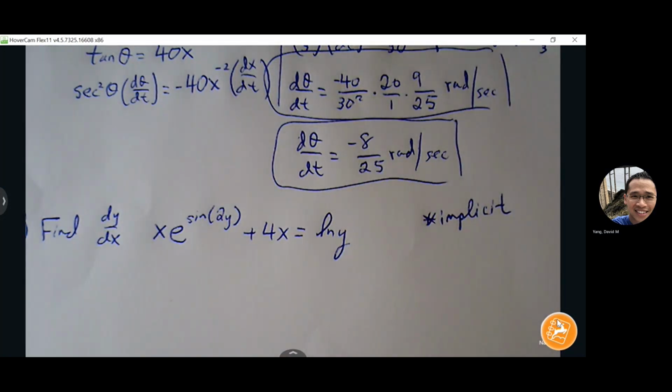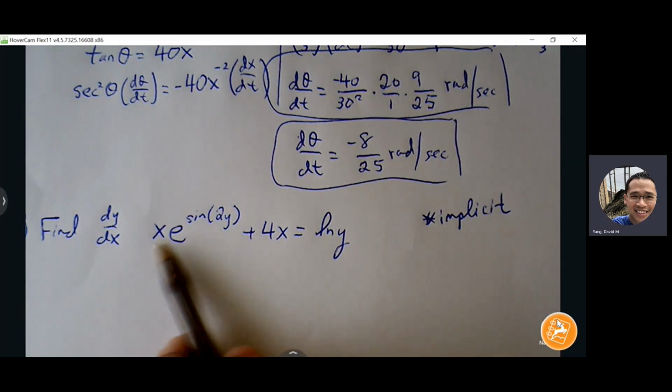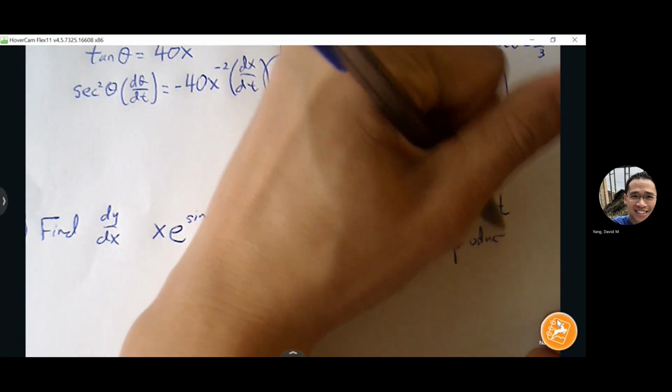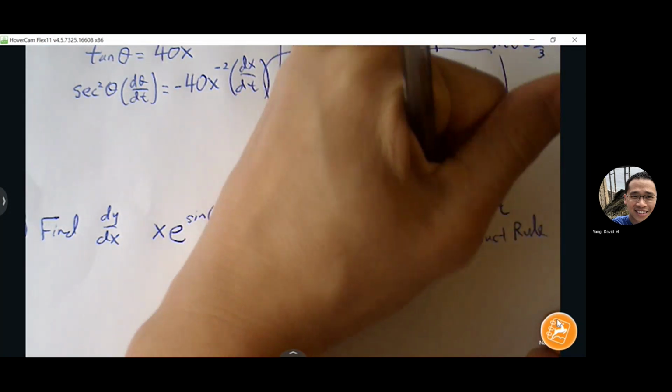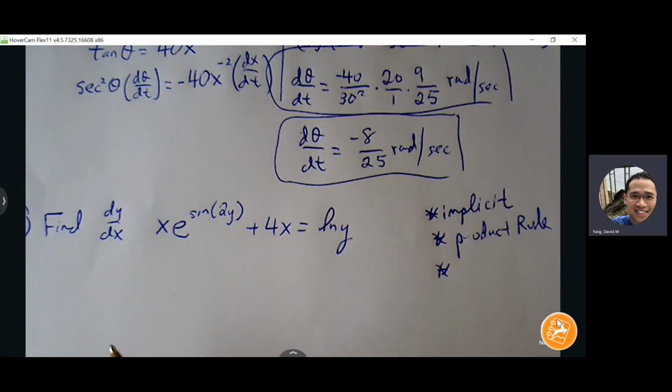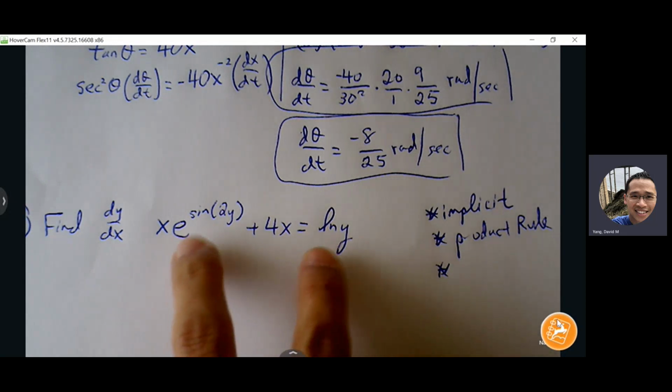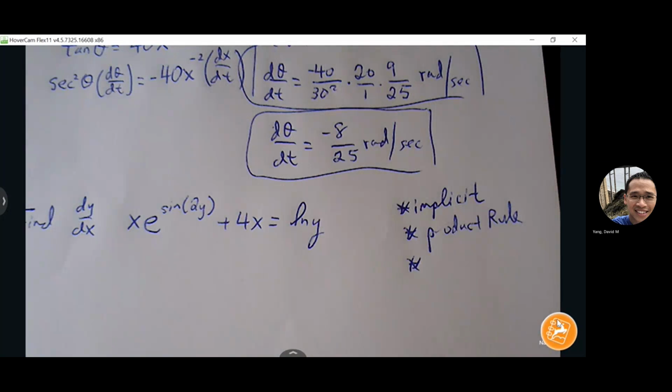Okay, what else? Product rule, right? We also have some derivatives that we have to make sure we remember, right? e to the u and natural log of u. Here are some reminders.